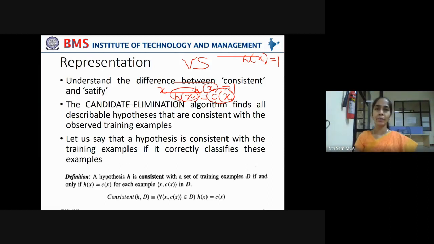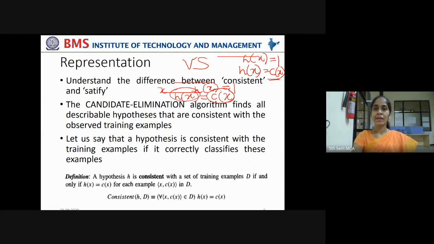But if I say that a hypothesis is consistent with the target concept for the given training example, then we represent it as h of x equal to c of x. In that case, the machine is highly interested in the outcome label, whether it is yes or no.